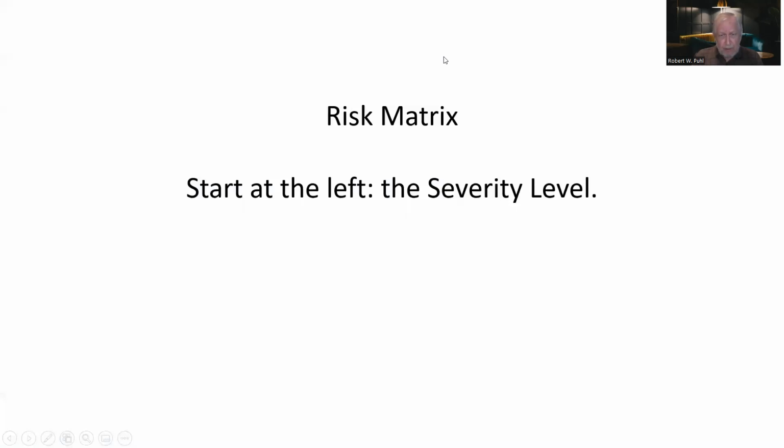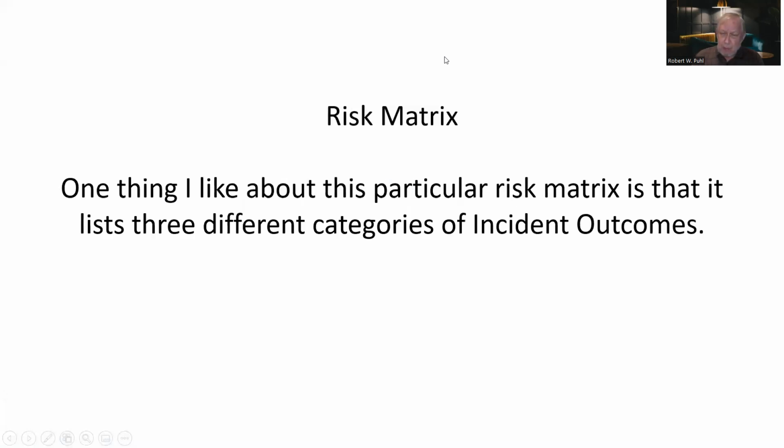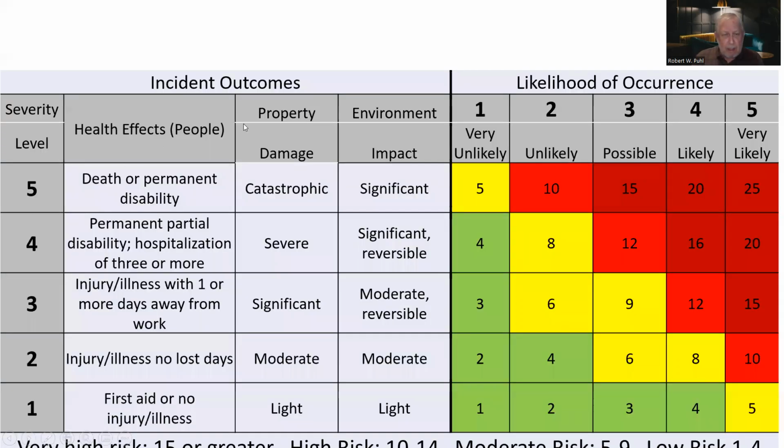We're going to start at the left, the severity level. One thing I like about this particular risk matrix is that it has 3 different categories of incident outcomes. See right here, here are your incident outcomes: health effects on people, property damage, and environmental impact. Because when you're doing this in real life, so to speak, sometimes that's what's going to happen if things go wrong.